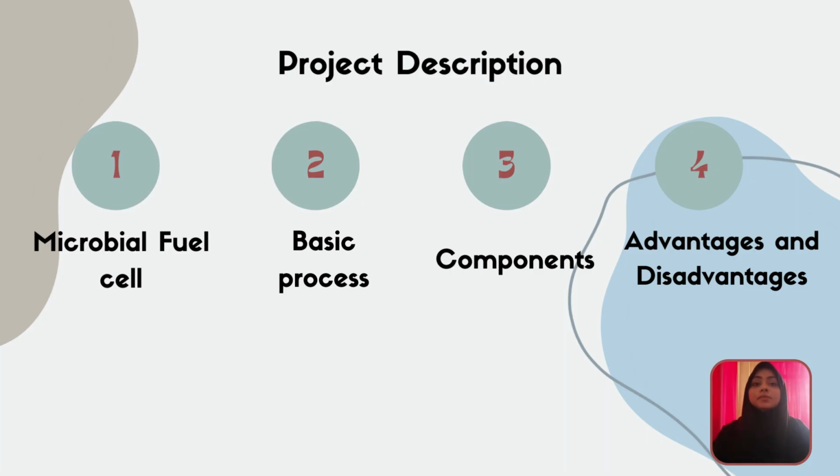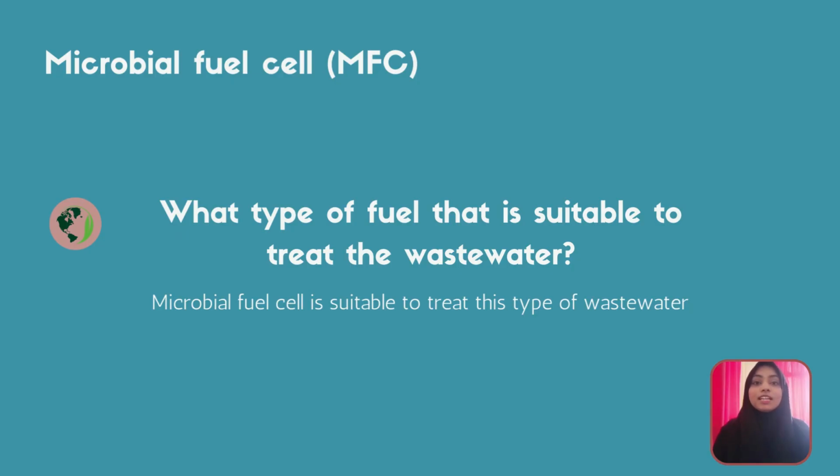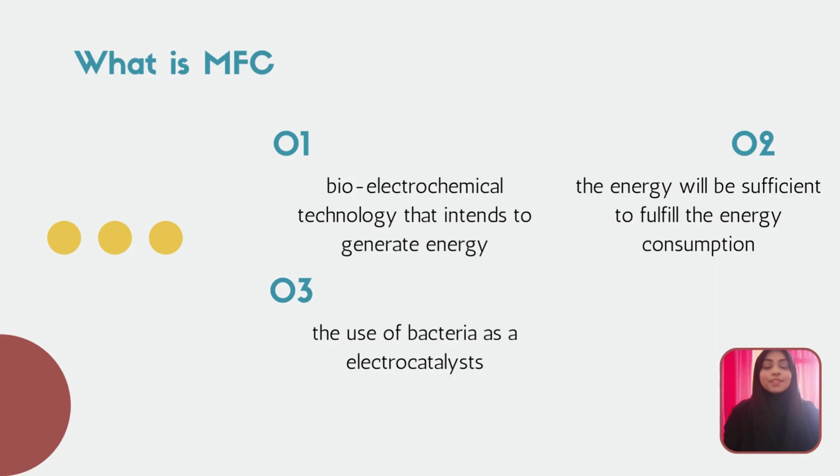The project description includes the microbial fuel cell, the basic processes of MFC, the components of MFC, and the last one is the advantages and disadvantages of MFC. The type of fuel cell that is suitable for this wastewater is a microbial fuel cell.